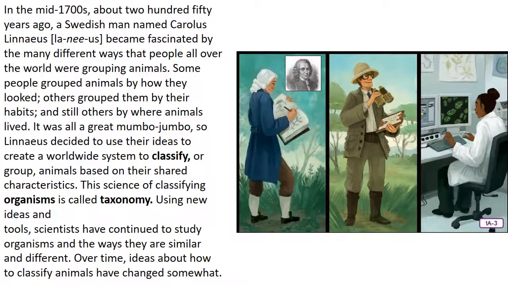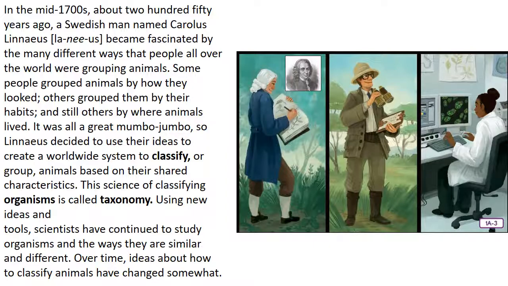classify or group animals based on their shared characteristics. This science of classifying organisms is called taxonomy. Using new ideas and tools, scientists have continued to study organisms and the ways they are similar and different.